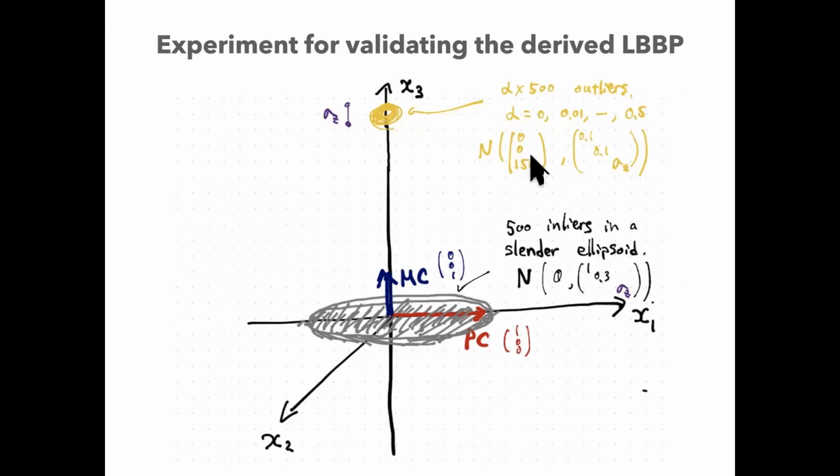Here, sigma z does not have significant meaning, and is just for giving a perturbation to the data distribution. The important thing here is the ratio of the outliers, and it is controlled by the parameter alpha, ranging from 0, I mean the inlier only case, to 0.5.